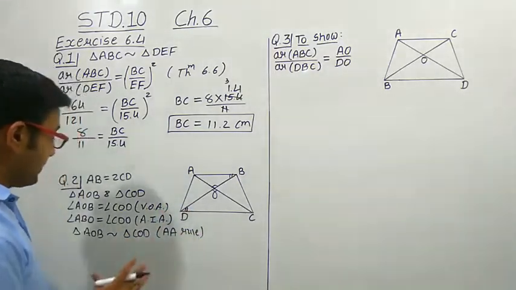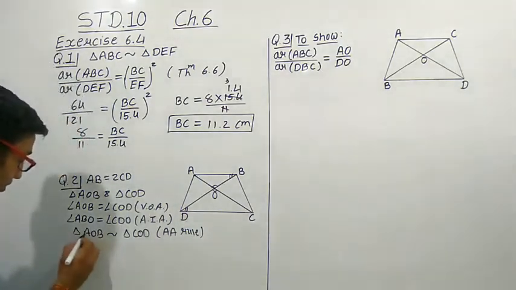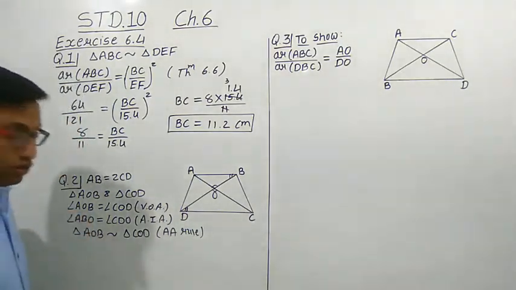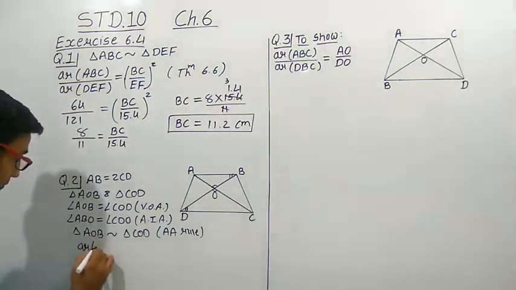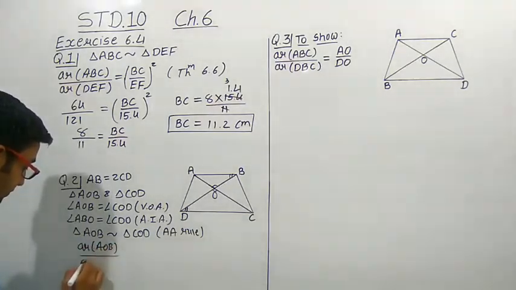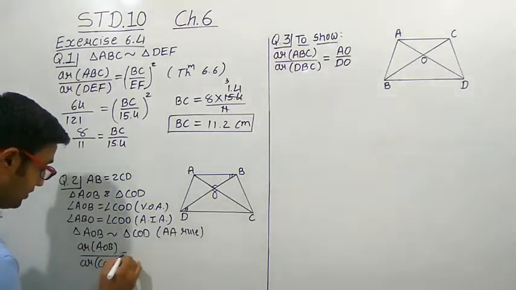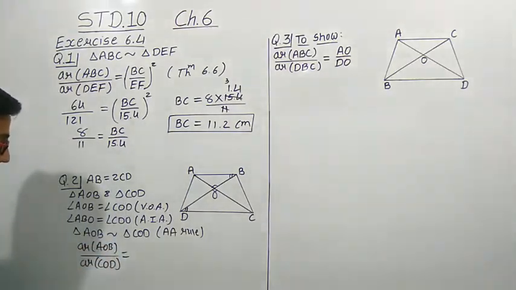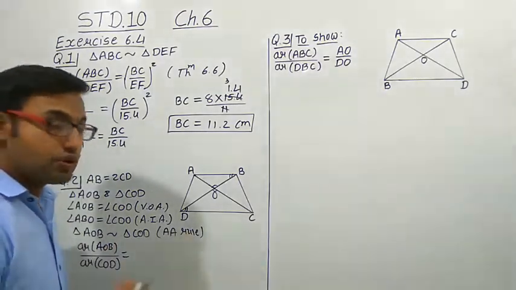Now if the two triangles are similar, we know that the ratio of their areas, that is area of AOB upon area of COD, we can write as the square of the ratio of their corresponding sides.